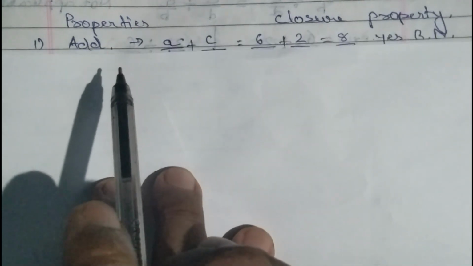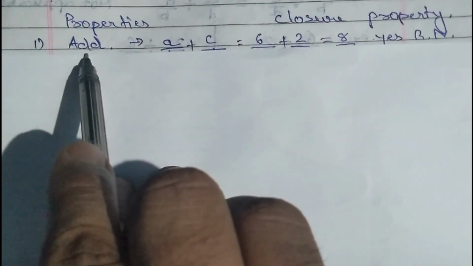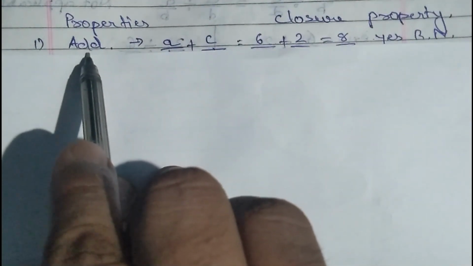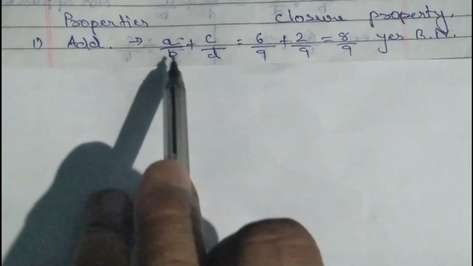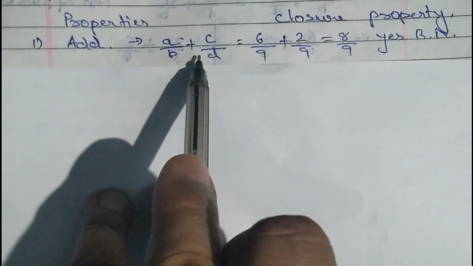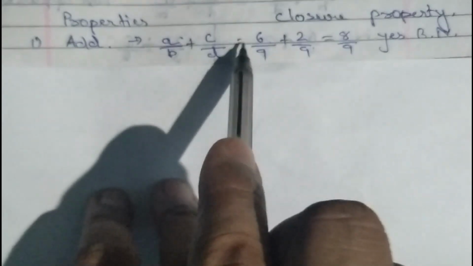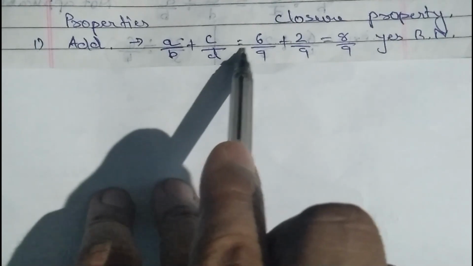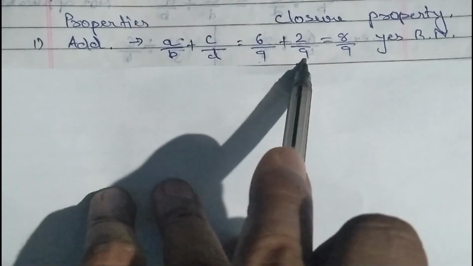In that, our first binary operation that we are going to take is addition. As I said earlier, any rational number when it is added to another rational number, for example a upon b plus c upon d. Here with an example I am going to show you 6 upon 9, that is a upon b, where a is 6 and b is 9, plus 2 upon 9, where 2 is c and 9 is d.